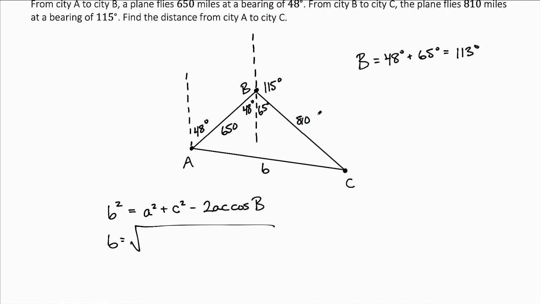So side A is 810 squared plus side C, that was 650, squared, minus 2 times A times C times the cosine of the angle B, and that was the 113 degrees.